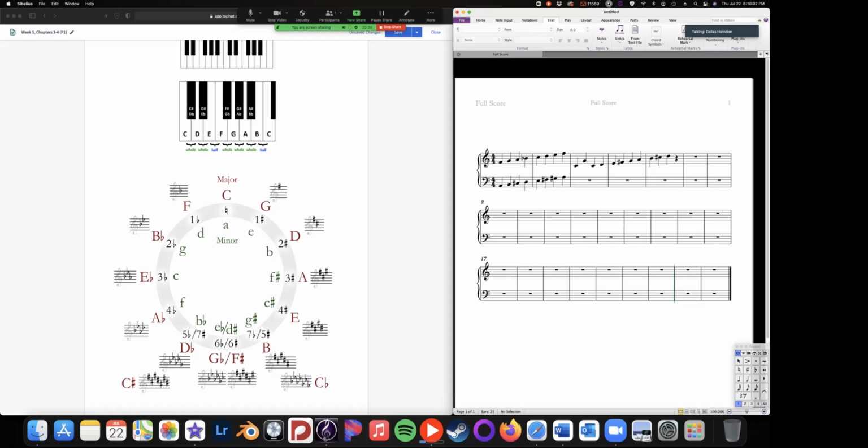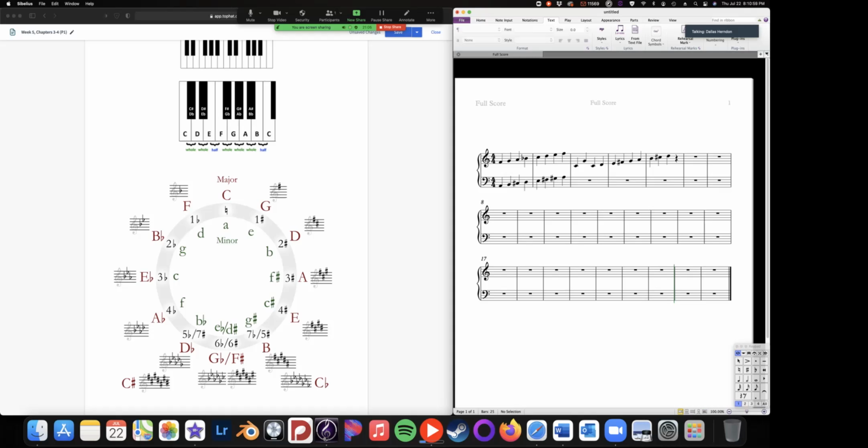It's also very important to note the specific position of where each sharp is written, and this also applies to the flats when we get to the flat keys in just a moment, okay? Noting that in all of the major sharp keys, really basically any keys, minor as well, F sharp should always be written on the top line.